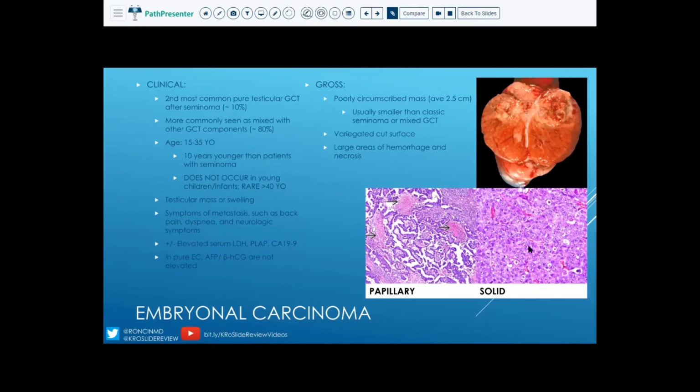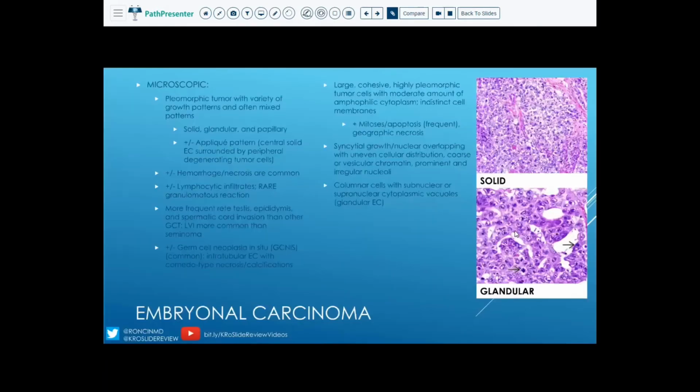There are lots of patterns associated with this, just kind of like everything, but your solid and papillary are two of the common ones that you could see. Our case was solid. Okay, and glandular was the other common potential pattern, which we didn't see. Again, our case was solid.